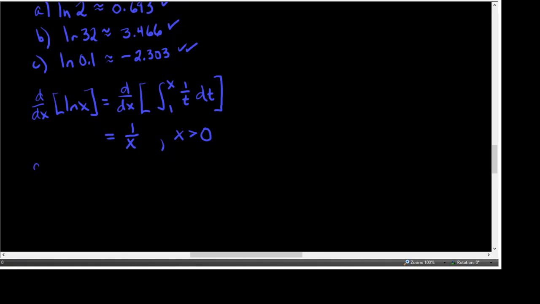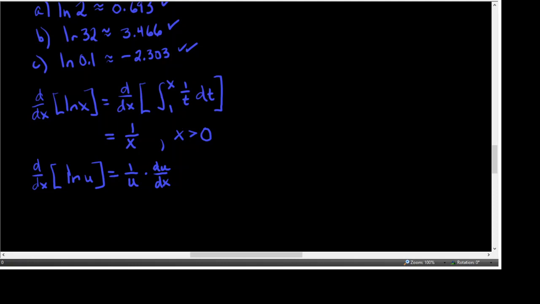And in a more general sense, the derivative with respect to x of the natural logarithm of u, where u is just some function of x, will be 1 over the argument of the natural logarithm times the derivative of that inside function.